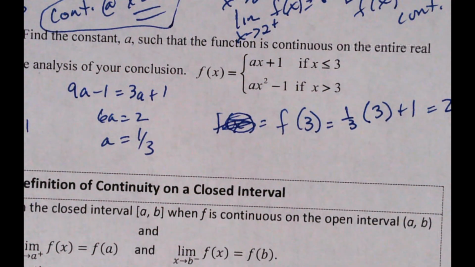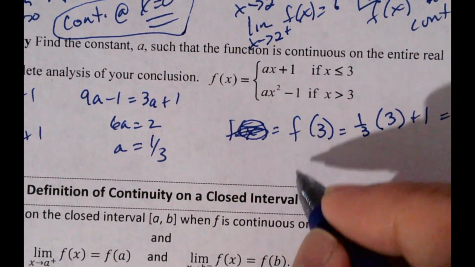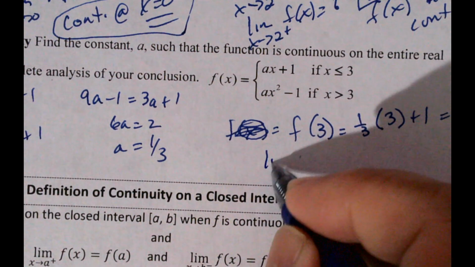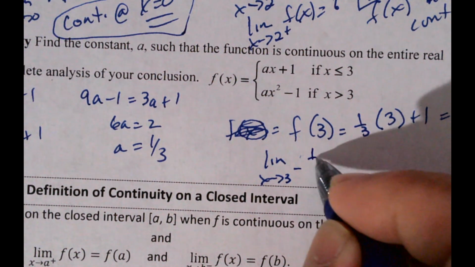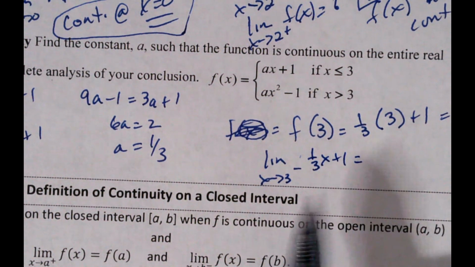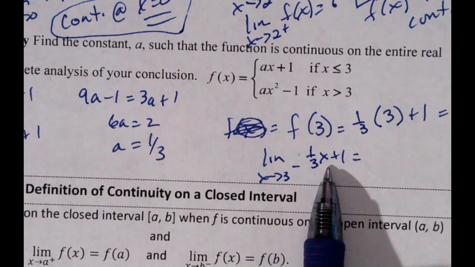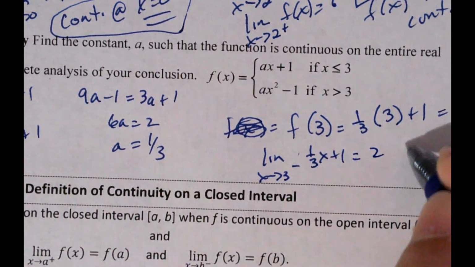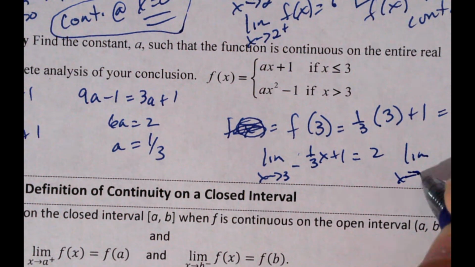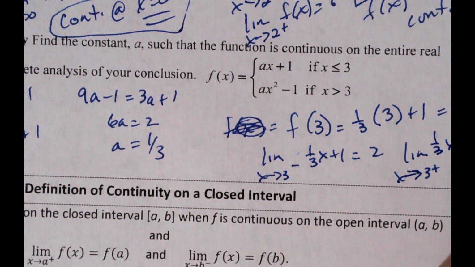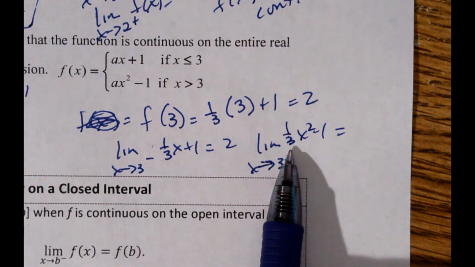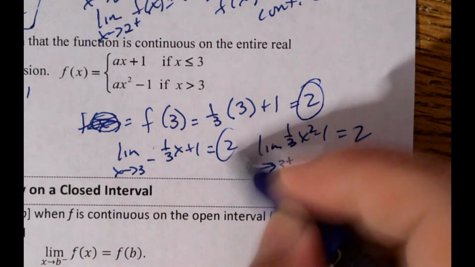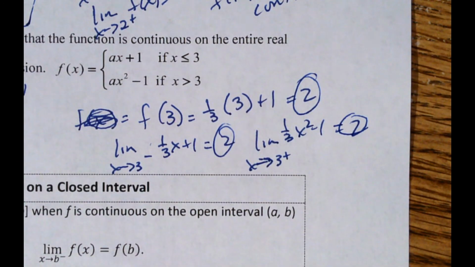What is the limit as x approaches 3 from the left, and it's 1/3 x plus 1? I'm just looking at this part. If I plug in 3 in there, I get 1 plus 1, which is 2. What about the other one? Take the limit as x approaches 3 from the right, and a is now 1/3, x squared minus 1. Plug in 3 in there, that's going to be 9. 9 divided by 3 is 3. 3 minus 1 is 2. So yeah, all three are the same. So that worked.